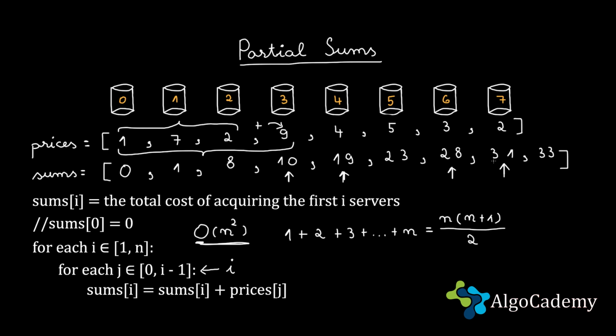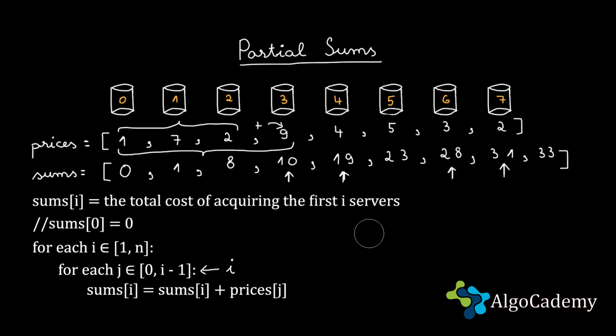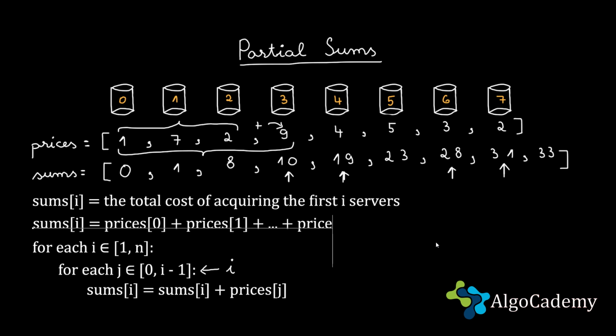So, in more mathematical terms, let me erase this for a bit. In more mathematical terms, I can say one thing. I can say that sums of I, which is the sum of the first I elements, which is prices of 0 plus prices of 1 plus ... plus prices of I minus 2 plus prices of I minus 1.